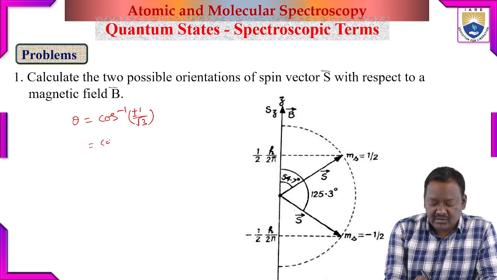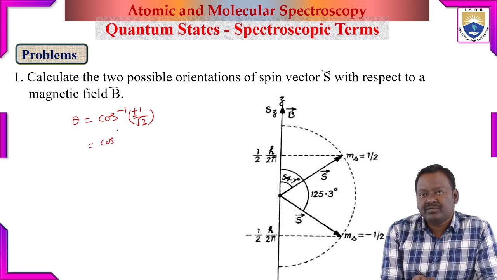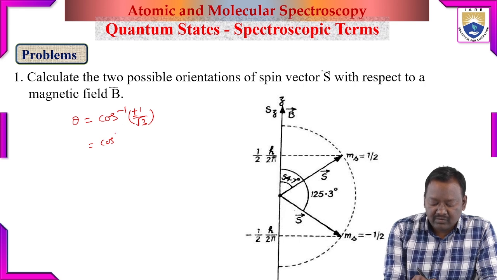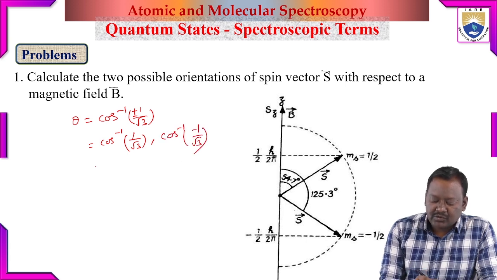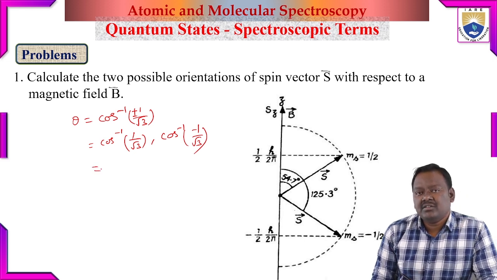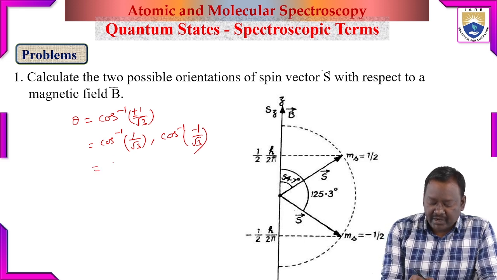That means there are two theta values. One is cos inverse of 1 by root 3, and the second one is cos inverse of minus 1 by root 3.